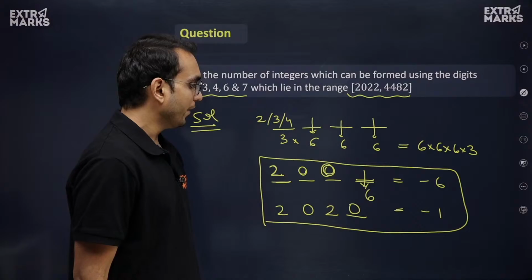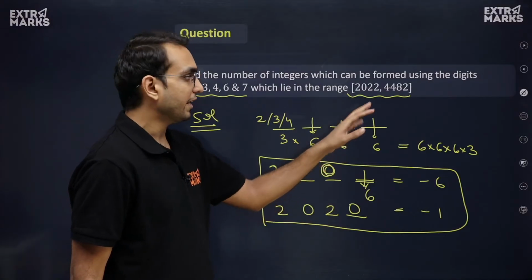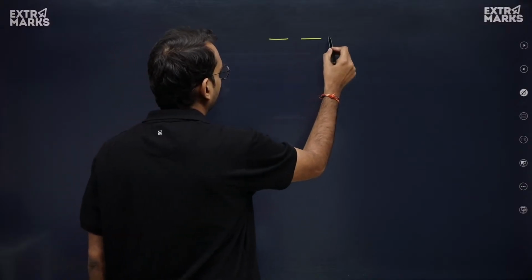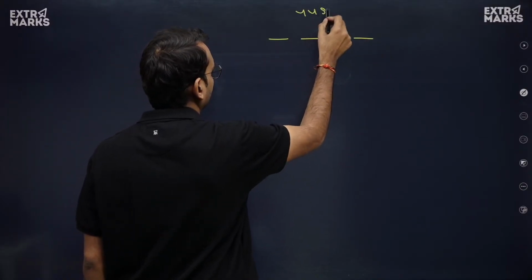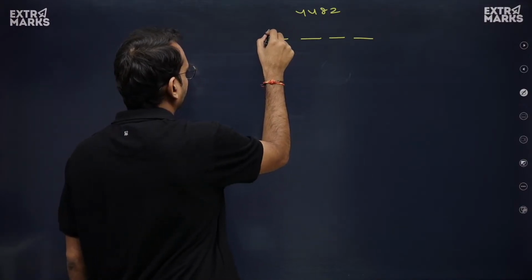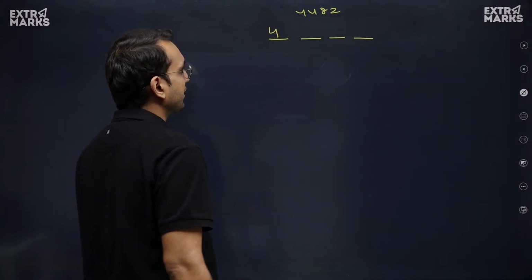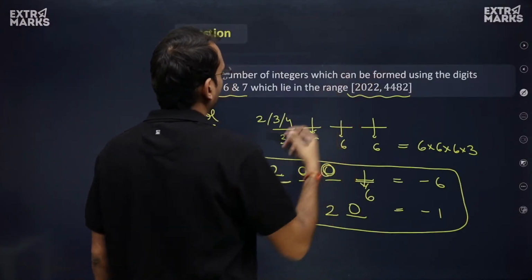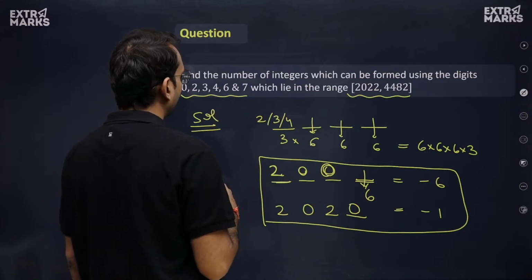Now let's see how many numbers we have counted in this which are greater than 4482. So let's suppose our number starts from 4. 4482. We have got the digits 0, 2, 3, 4, 6, 7.